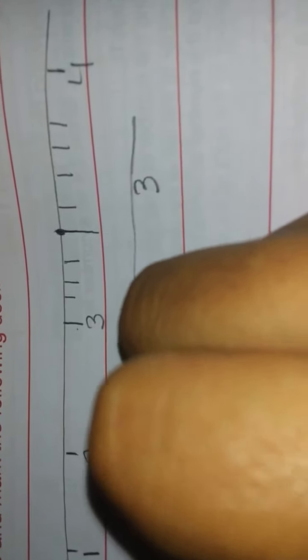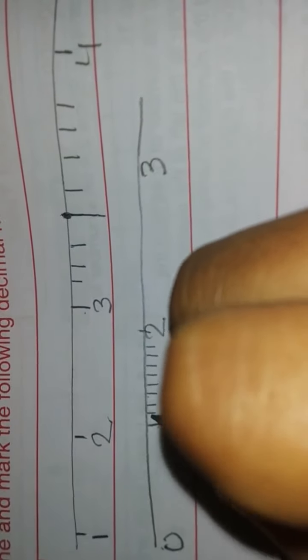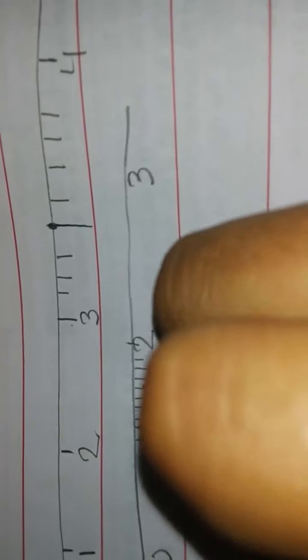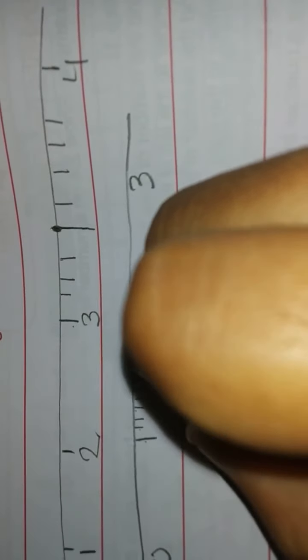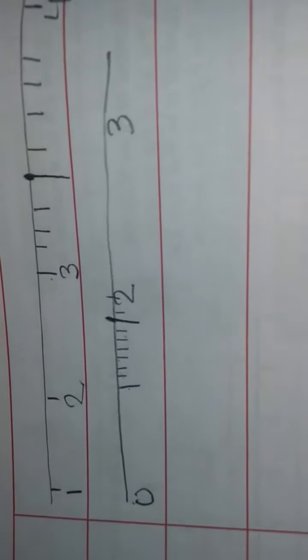So here we have to draw small lines, 1, 2, 3, 4, 5, 6, 7, 8, 9 and this one is 10. In that we count 1, 2, 3, 4, 5, 6, 7, 8. Okay. So यहाँ पे हमें point बनाना है. This is 1.8. Got it?